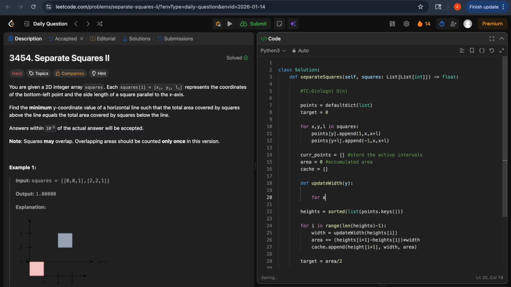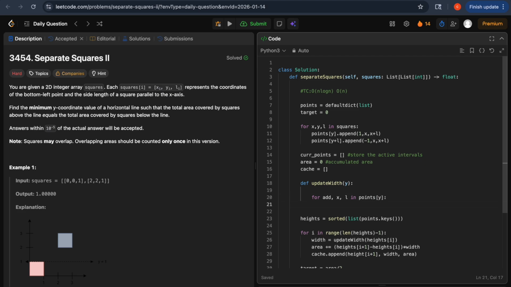So we have to check if that is add, the value which is -1 or +1. So for add and x and L in points of y, right?